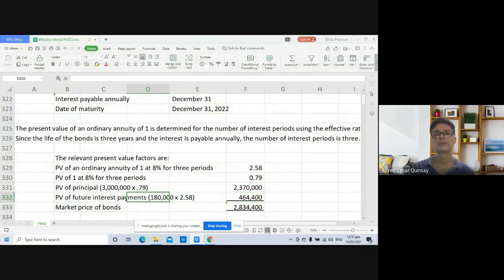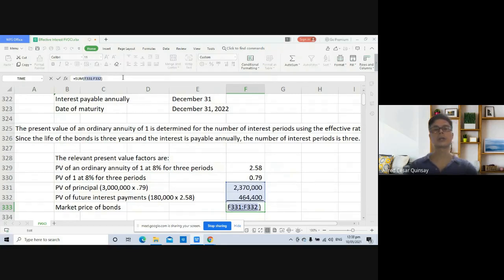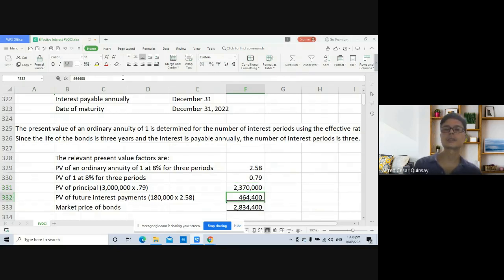So times 2.58. So that's 464,400. So for a total, yung market price niya na 2,834,400. So in-add natin yung present value ng principal saka yung future interest payments na 464,400. Yan.